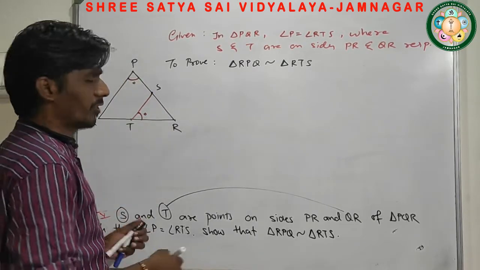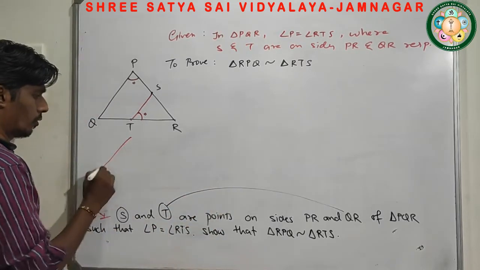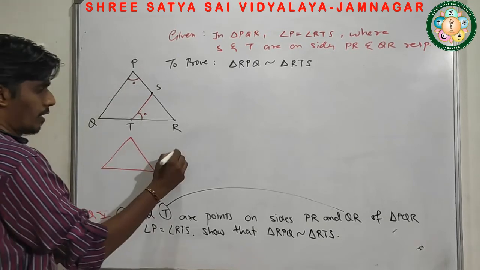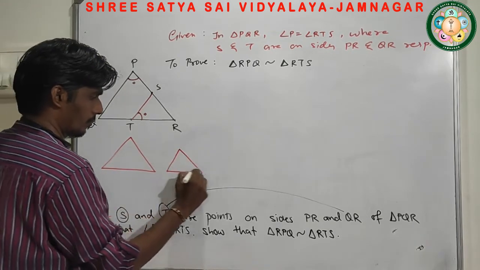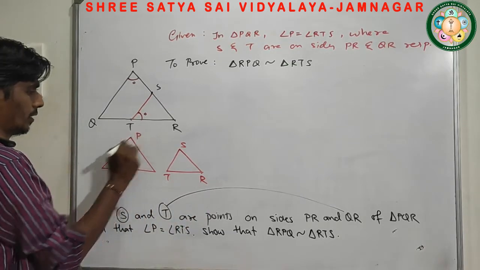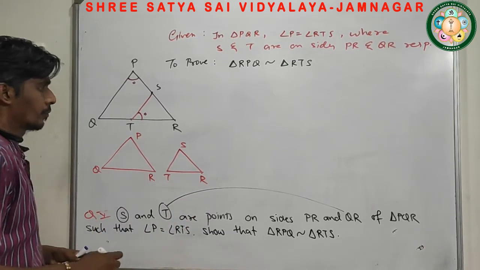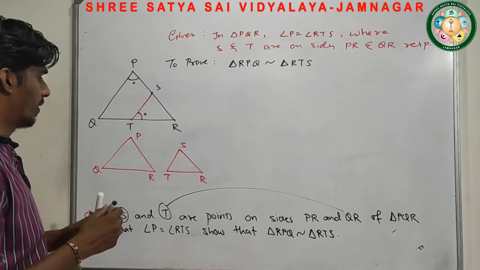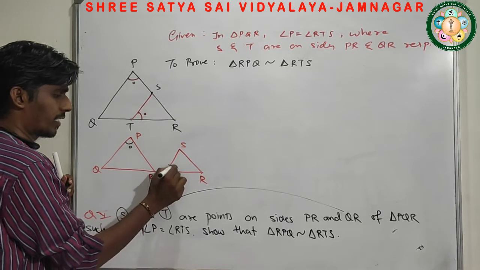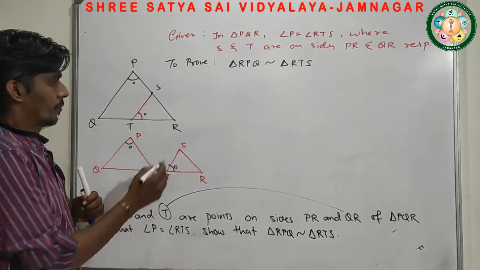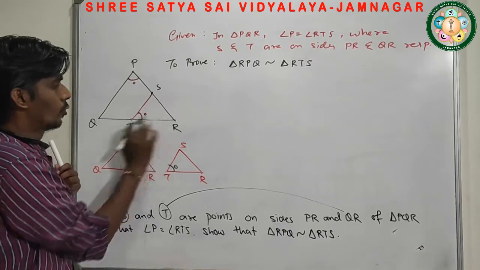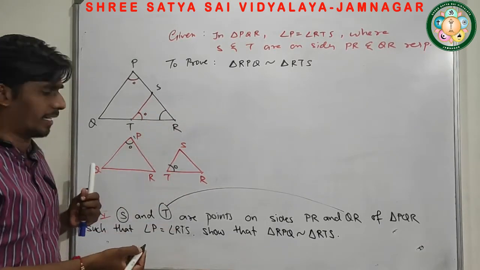So let's just for convenience draw it separately. I am drawing both triangles separately, and this smaller triangle. So this is S, T and R. And this is P, Q and R. So one of the angles is given equal already. Now I can see that for both the triangles, this bigger triangle and this smaller triangle, angle R will remain the same.